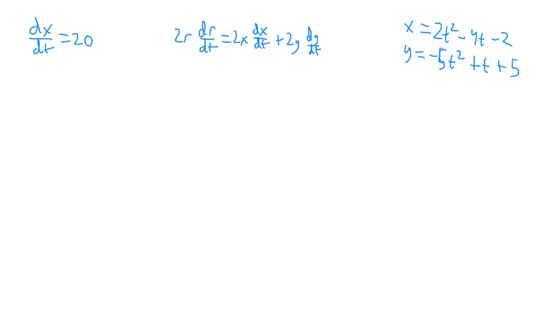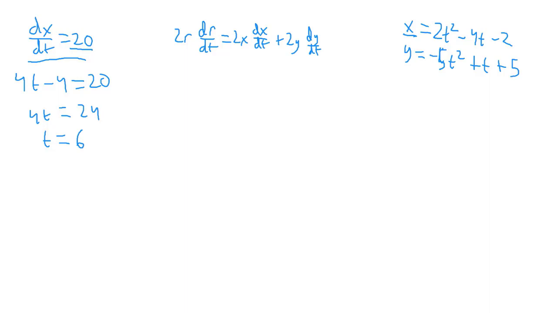The reason dx dt is very powerful is because we have x. So we can take our derivative of x and we get 4t minus 4, and now we know what that value is, so it equals 20. And this allows us to solve for t, for time. So we get 4t equals 24, therefore t is equal to 6.